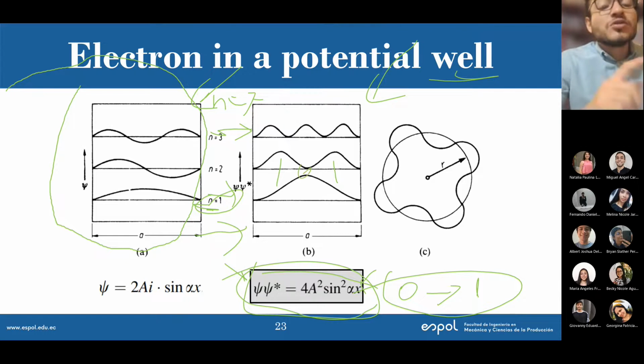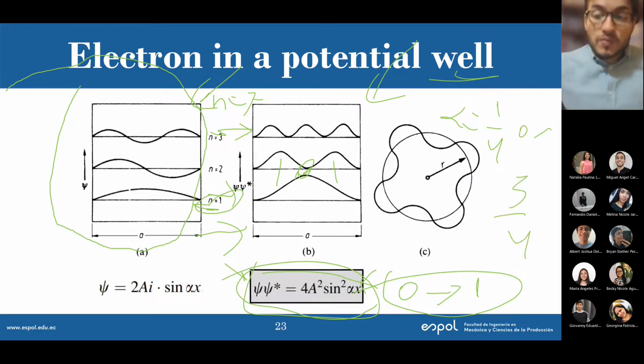So I don't have any chance to find electrons there, whereas I have the maximum probability when alpha equals 1/4 or 3/4 of alpha.